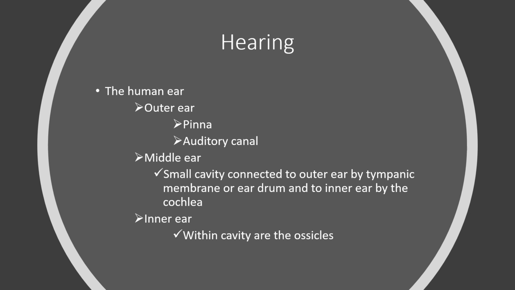The outer ear, as the name indicates, is the visible part of the ear, and it has two subparts: the pinna and the auditory canal. The pinna is the structure attached to the side of your head, and the auditory canal is along which sound waves are passed to the middle ear.